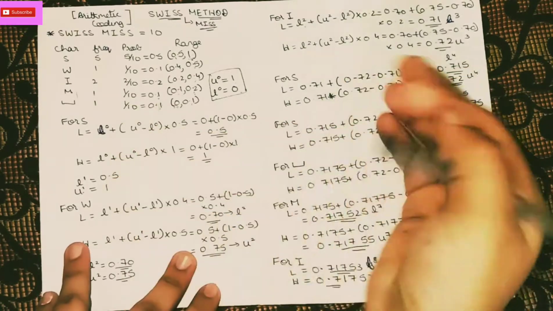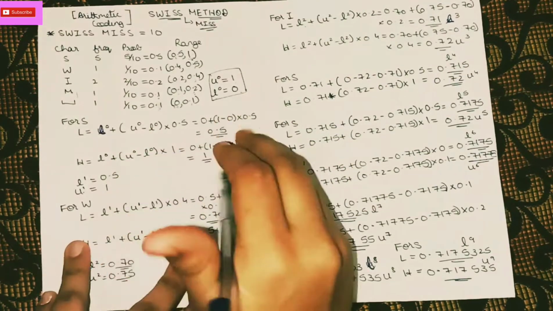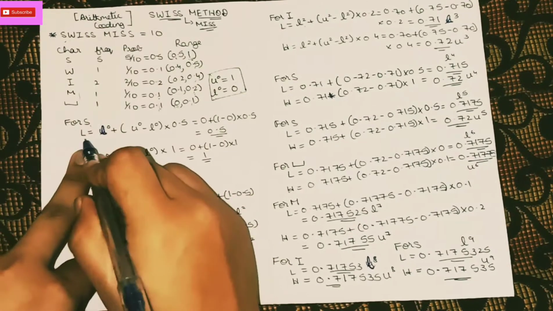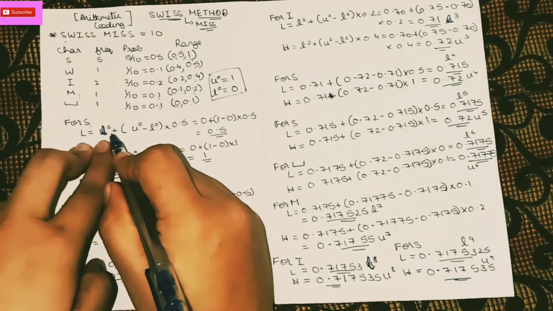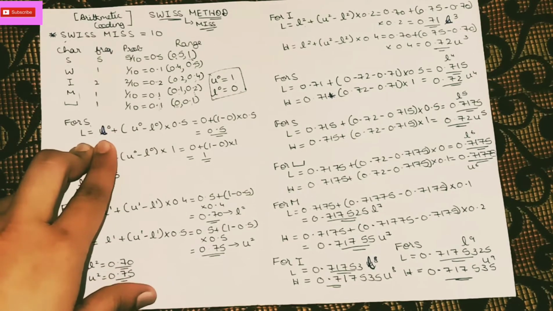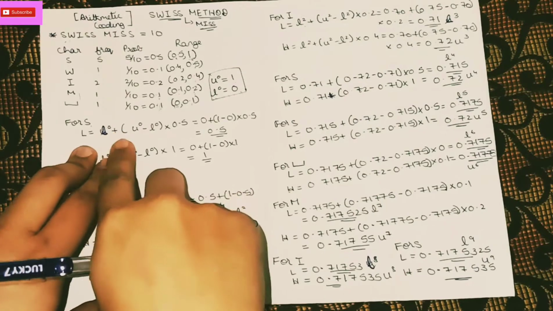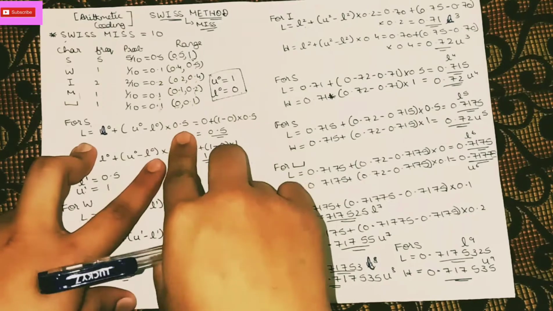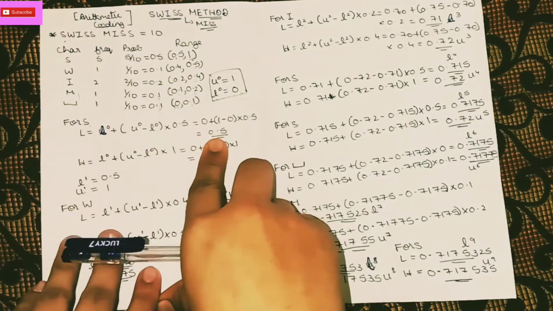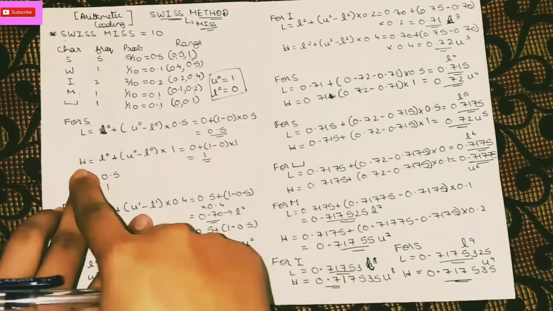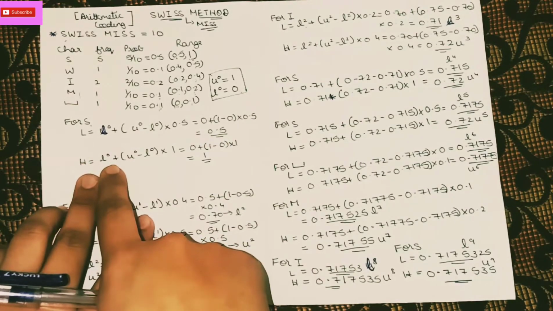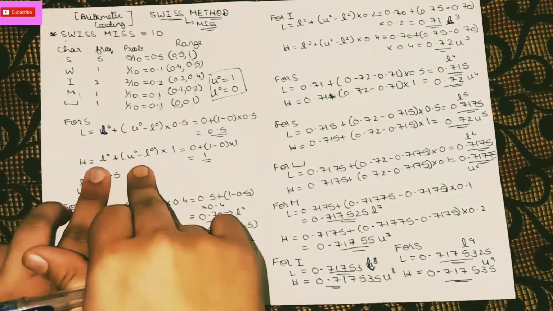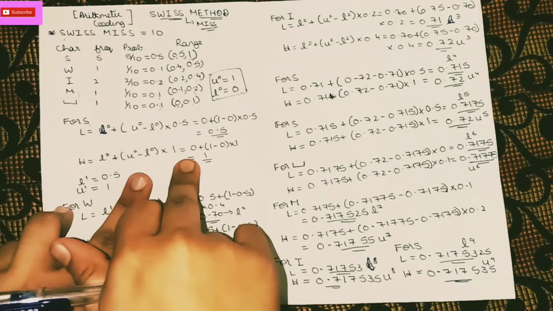So let us start encoding this. For S, L is equal to L raised to 0, because in the formula it is L raised to n minus 1. So L raised to 0 plus U raised to 0 minus L raised to 0, into the lower range, which is 0.5. Here we get the value 0.5. Then for the higher range, we use the same equation: L raised to 0 plus U raised to 0 minus L raised to 0, into 1.